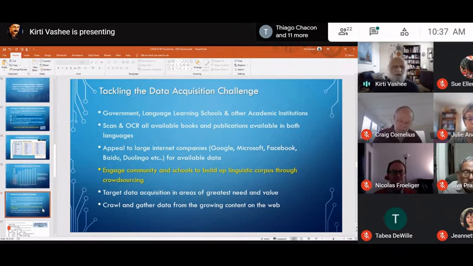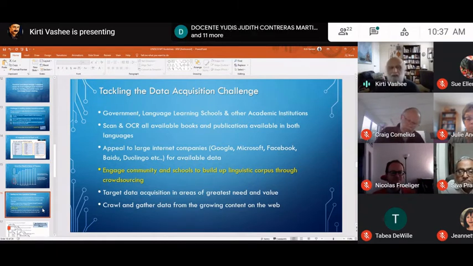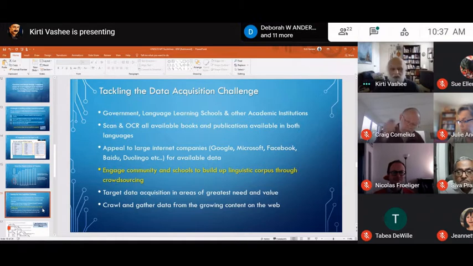And one possible way is to build collaboration between government agencies, schools, and other academic institutions. Start scanning and OCRing all the available books that have been fully translated. And so you build up a corpus of the source language and the target language, to as large a volume as possible.